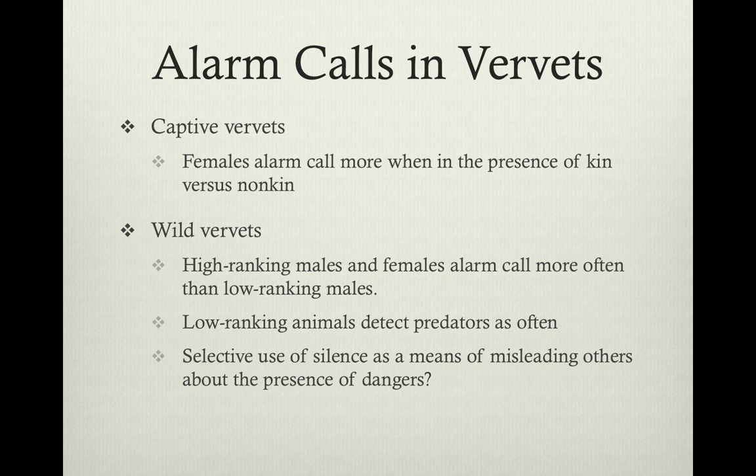If you're low-ranking but surrounded by lots of kin, then alarm call. If you're low-ranking and surrounded by unrelated individuals, you might make that decision to selectively stay silent in order to potentially raise the likelihood that someone who outranks you will be picked off by the predator.